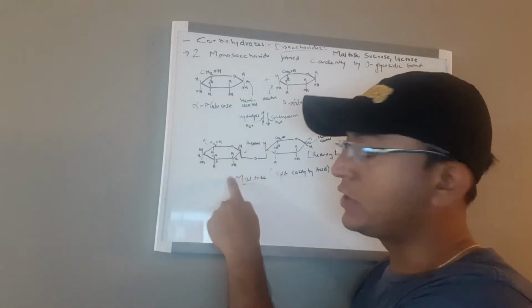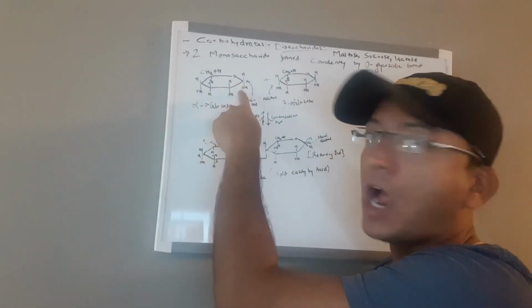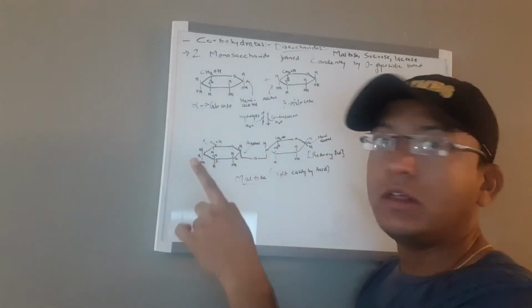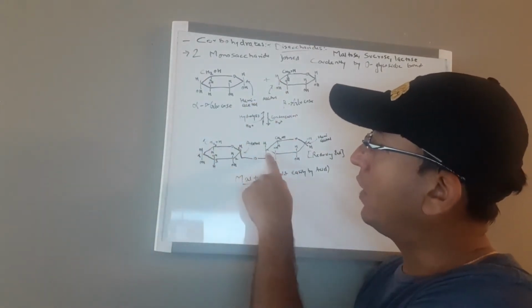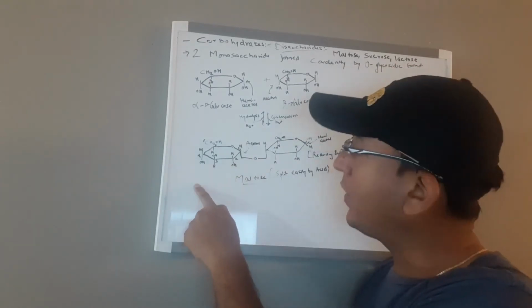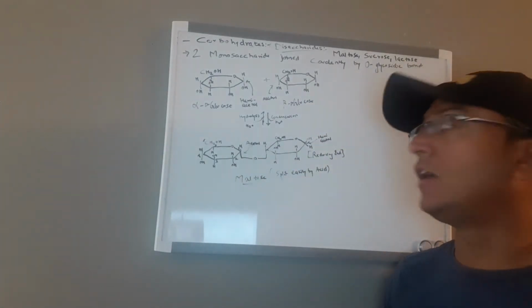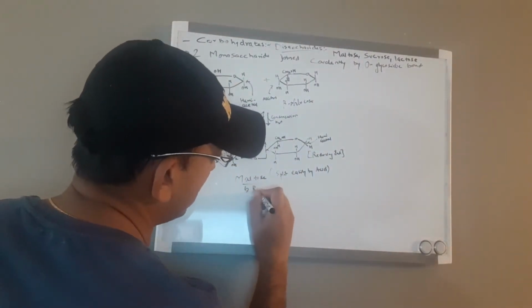So that means the disaccharide maltose contains D-glucose residues joined by a glycosidic linkage between carbon 1, the anomeric carbon of one glucose residue, and C4, the number 4 right here, of the other. And because the disaccharide retains a free anomeric carbon, maltose is a reducing sugar.